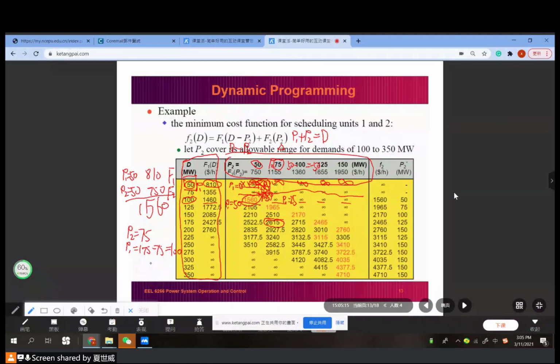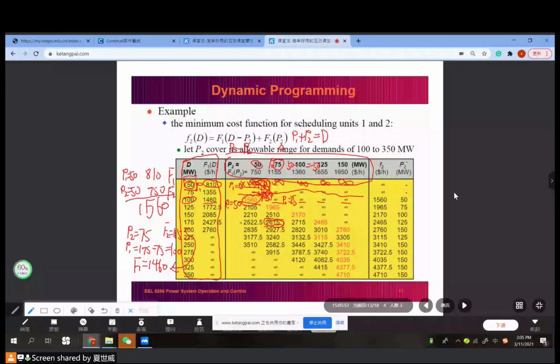It is this number. This is F1. For P2 equals 75, the cost F2 is this. So for this number, when P2 outputs 75 and P1 outputs 100, how much is the total cost? Of course, F1 plus F2, which will be 2,650.